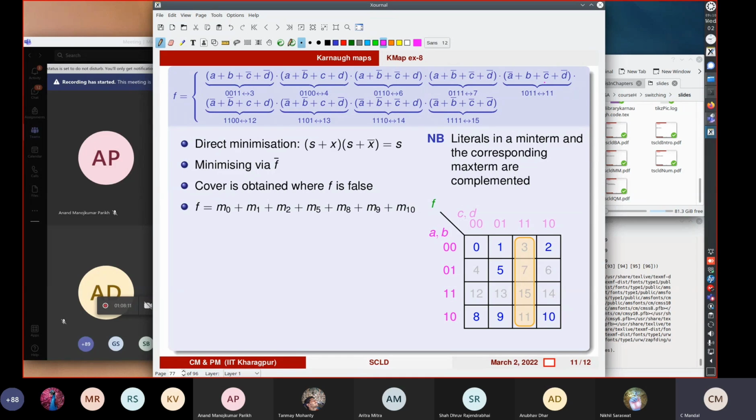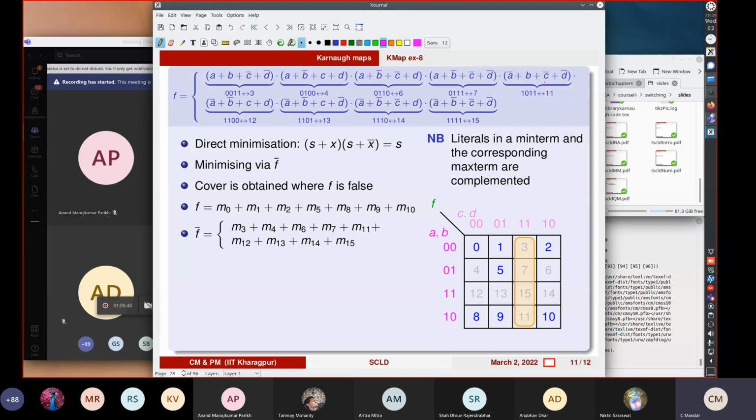Suppose this is your function. Now if you complement it, this is what you get.